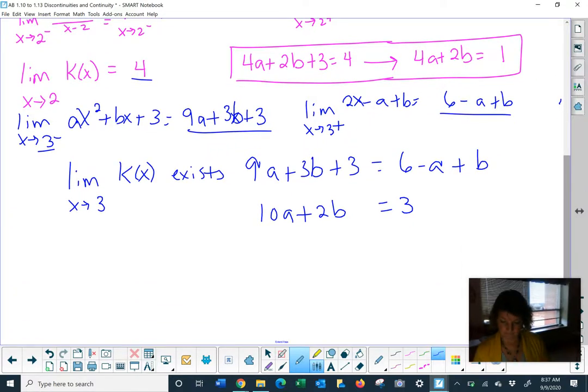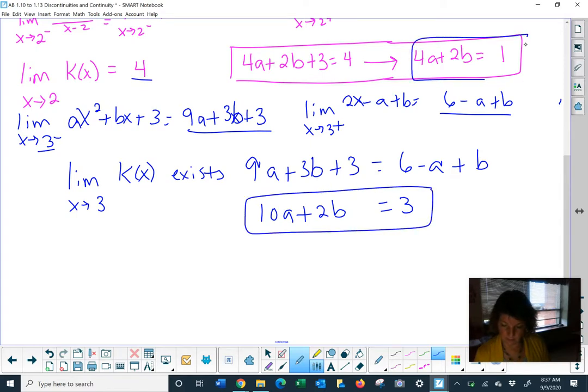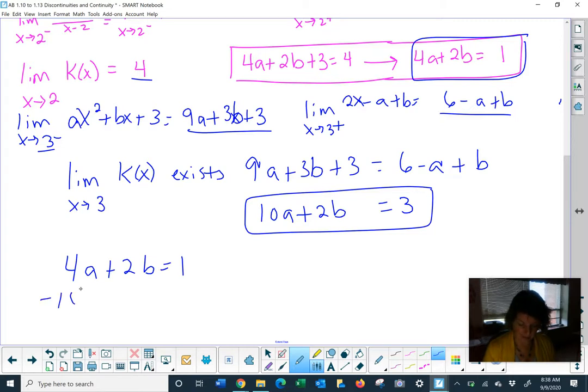Therefore, I want to take this and do a systems of equations to solve it, and then I'll have my a and b. All right, so let's go. 4a plus 2b equals 1. I'm going to take the opposite of my second equation, giving me negative 6a equals negative 2.